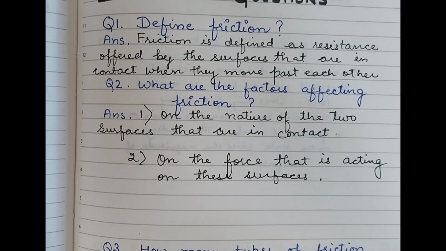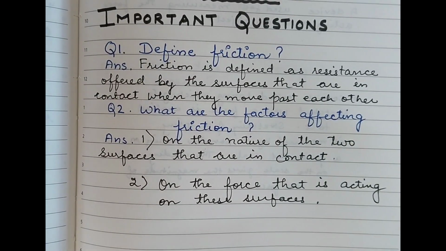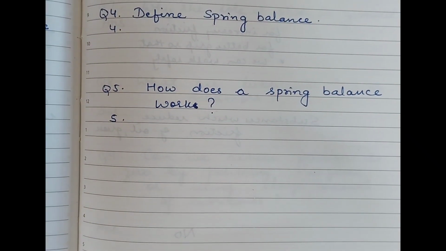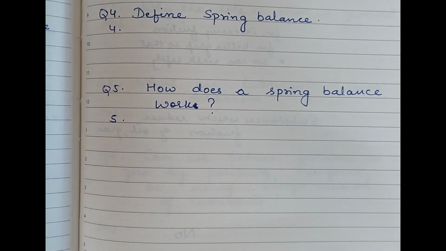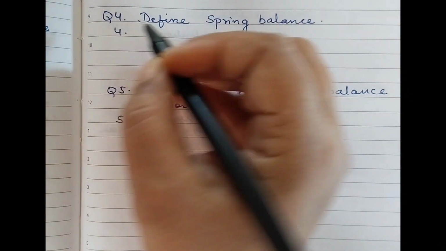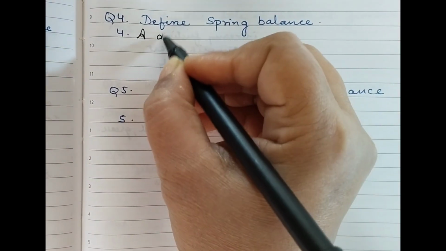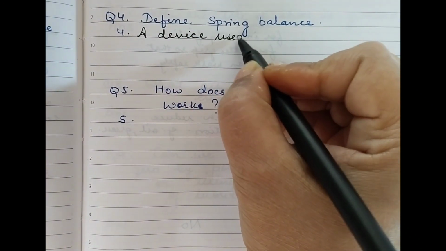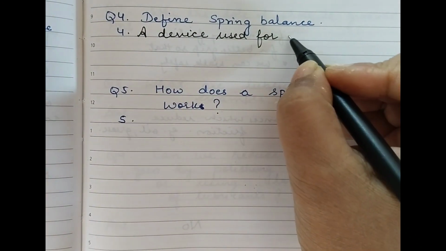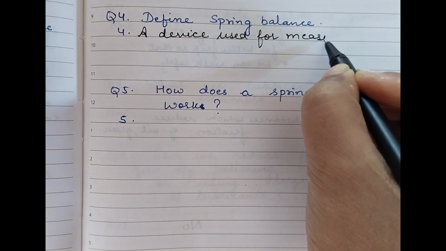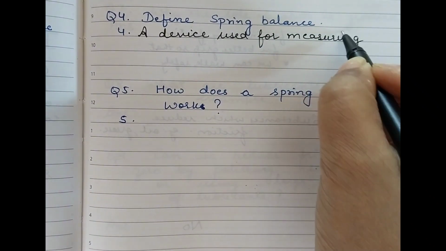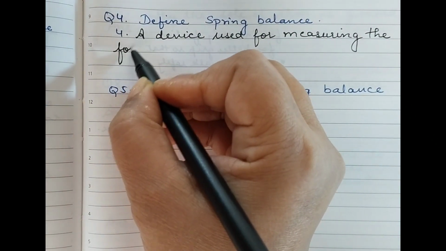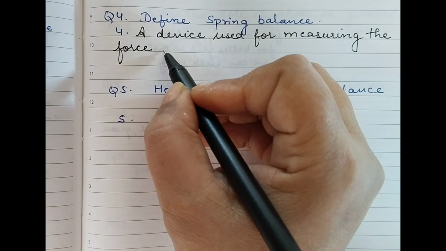Now next important question is, question number 4, define spring balance. Now what is spring balance? It is a device used for measuring the force acting on an object.